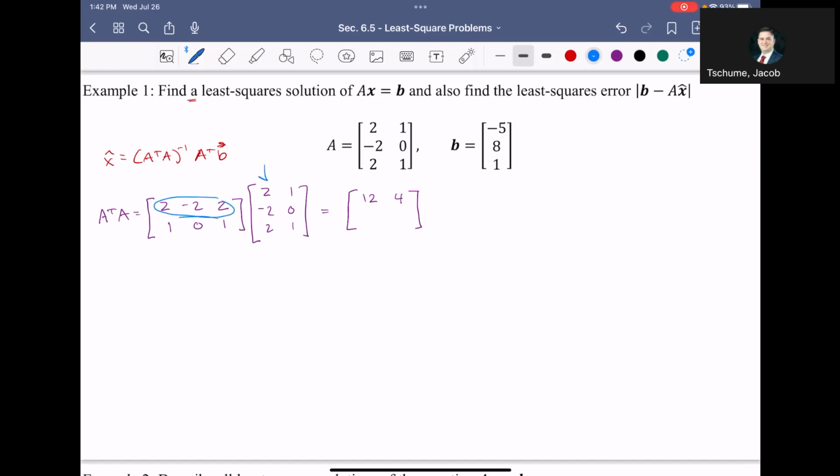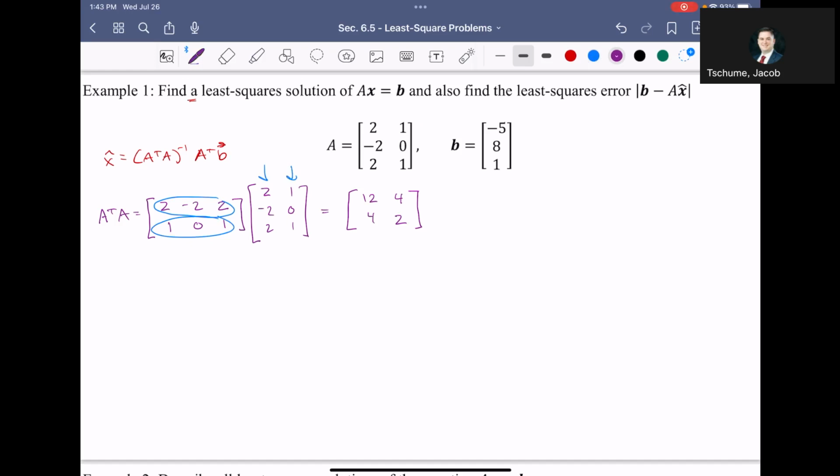Then if I move to the second row times each column, one thing you're going to notice here is that when you do the second row times the first column, it's the exact same as the first row second column that you just did. So you should end up getting the same number, the 4 again. And then if I take row 2 times column 2, you should get 2 in that case. So there's A transpose A.